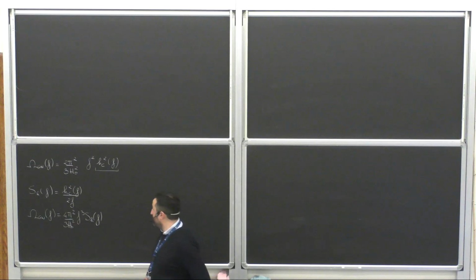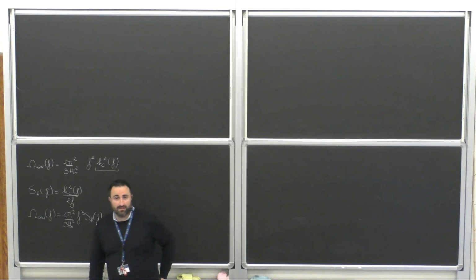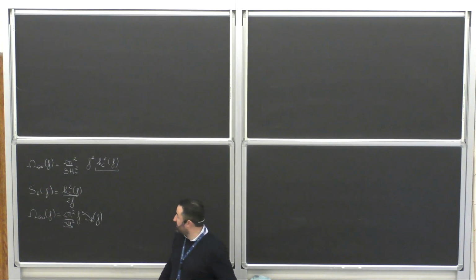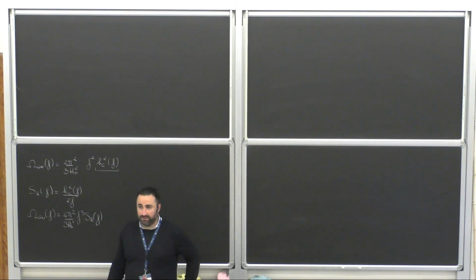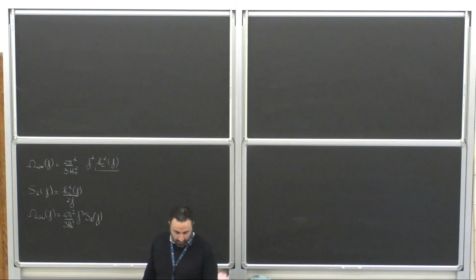Now you have everything to understand, when you see a plot, what energy density in gravitational waves you have in your signal, and you can compare it with the noise of the detectors. We will see some examples today.